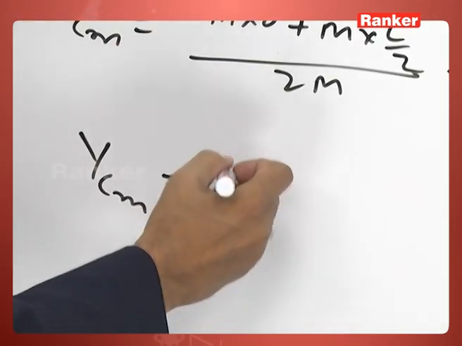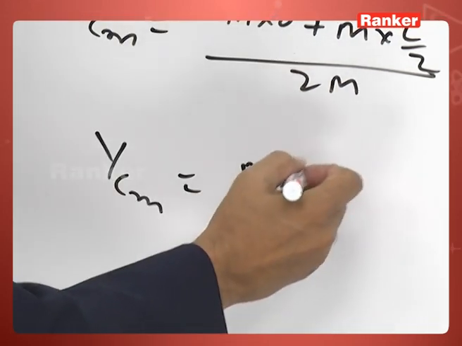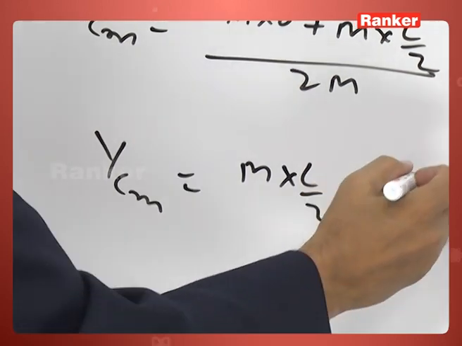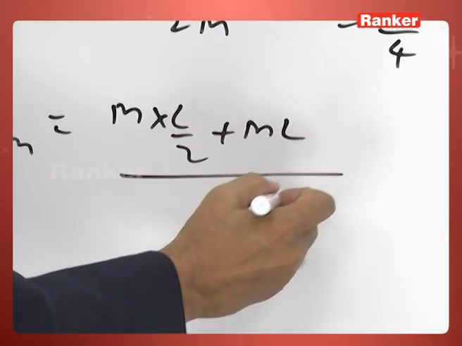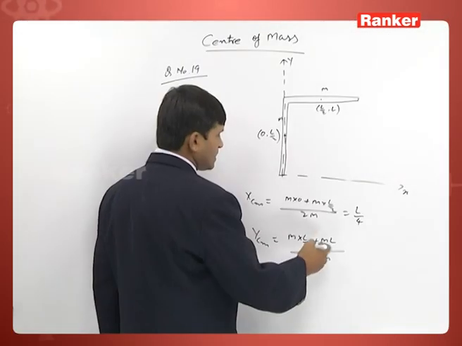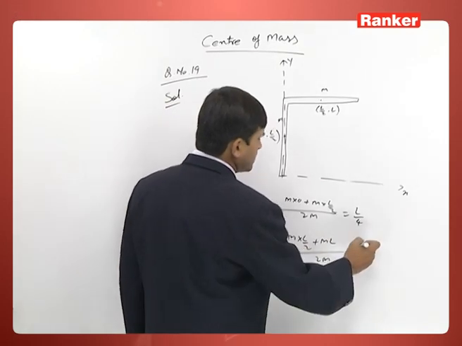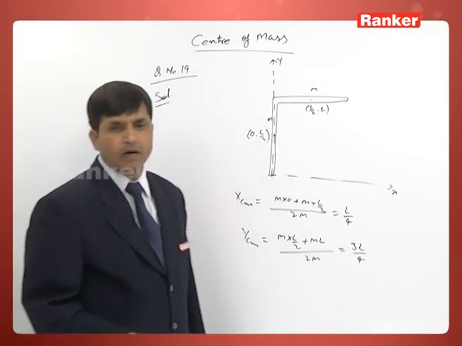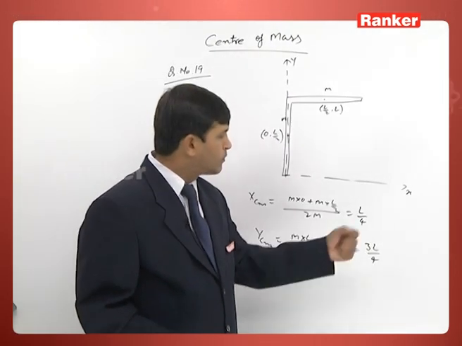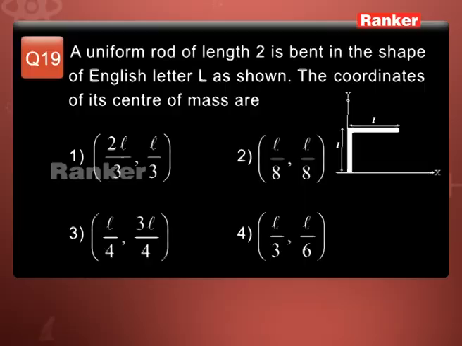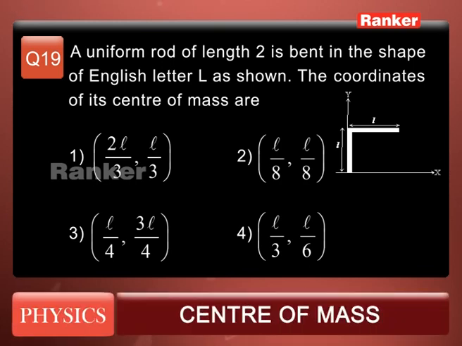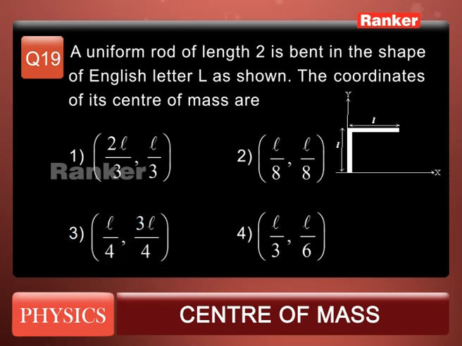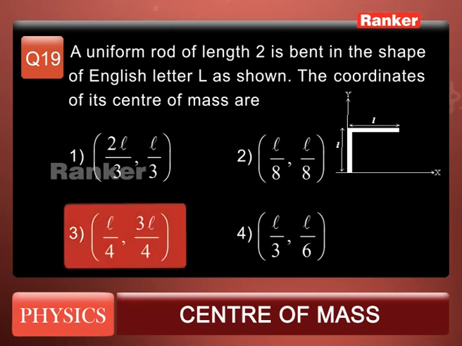YCM is m into L by 2 plus m into L, total mass 2m. So, this will be 3L by 4. So, our coordinates here are L by 4 and 3L by 4. So, the correct option is option number 3. So, answer is option number 3 is the correct option.